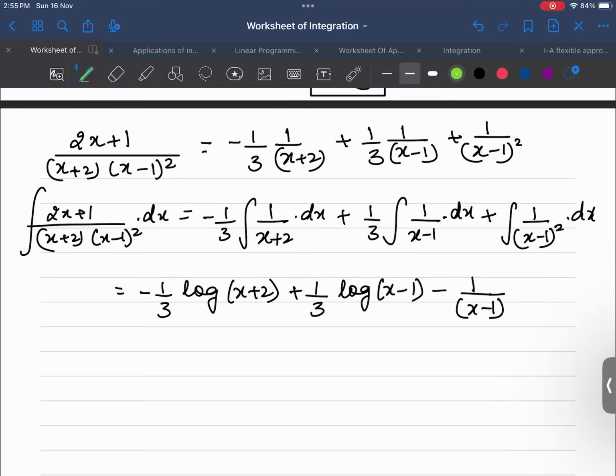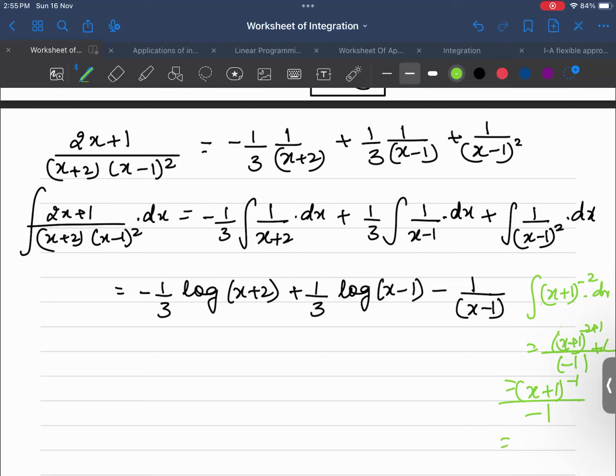Still, if you want, let me do it. 1 upon x minus 1, or I can write it as x minus 1 to the power minus 2 dx. It would be x minus 1 to the power minus 2 plus 1 upon minus 1. If we have to integrate it, we can integrate in this way, right? It would be plus c. It would be x minus 1 to the power minus 1 upon minus 1.